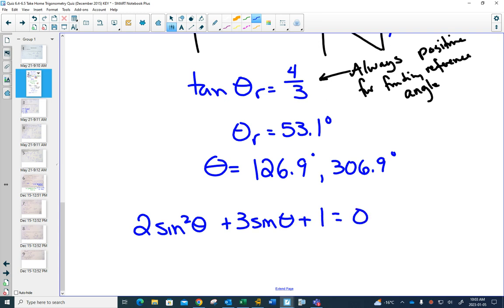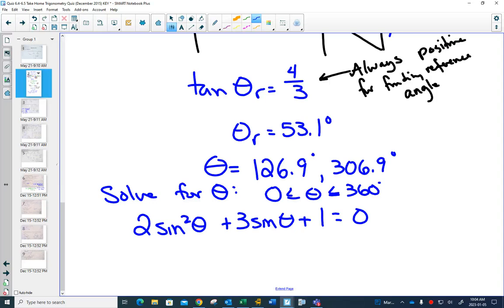When you get a question like this on your test, it'll say solve for theta, and then it will also tell you where to look. Sometimes it might only look between 0 and 180, quadrant 1 and quadrant 2. Most of the time, you will get questions that say, look all the way in all 4 quadrants, because that's what we're trying to get used to, our CAST rule.